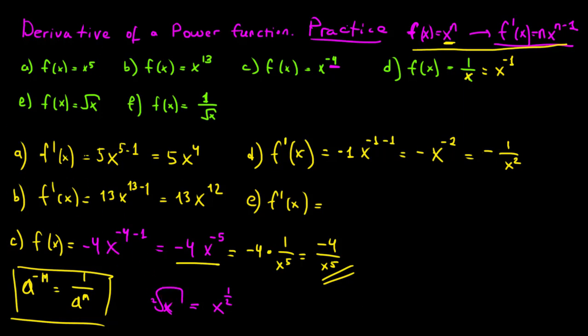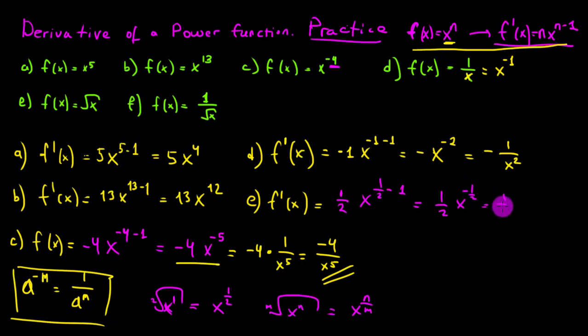So here you have 1. Actually it means when you have an x to the power n, let's say m here, in terms of power, you would write it as n over m. So the same logic, 1 over 2. So 1 over 2 would be the coefficient, then 1 over 2 minus 1, and then it will be 1 over 2 x to the power of minus 1 over 2.